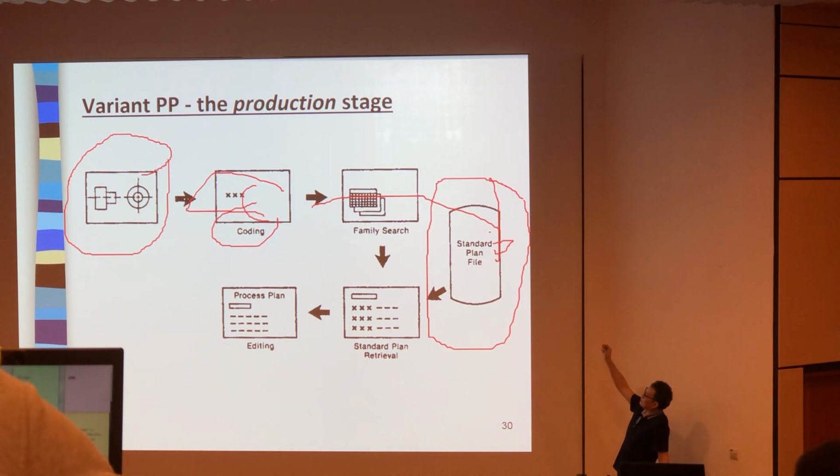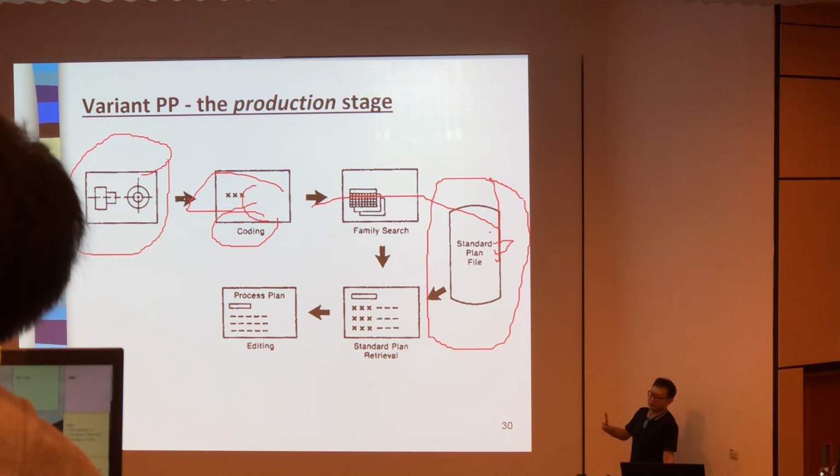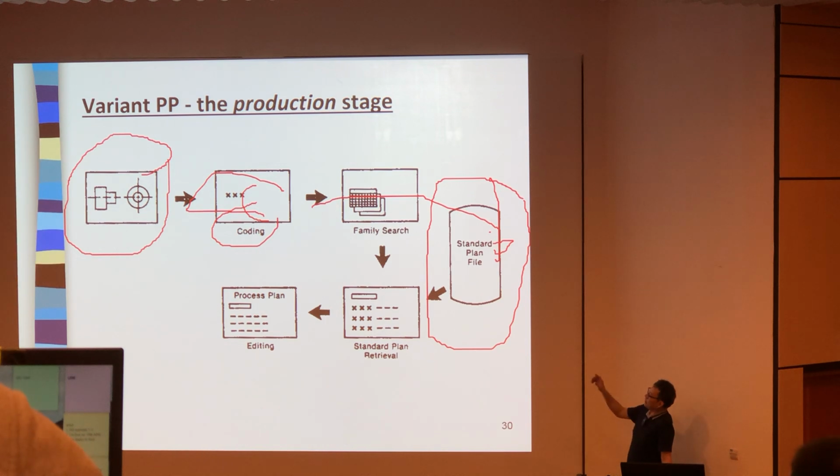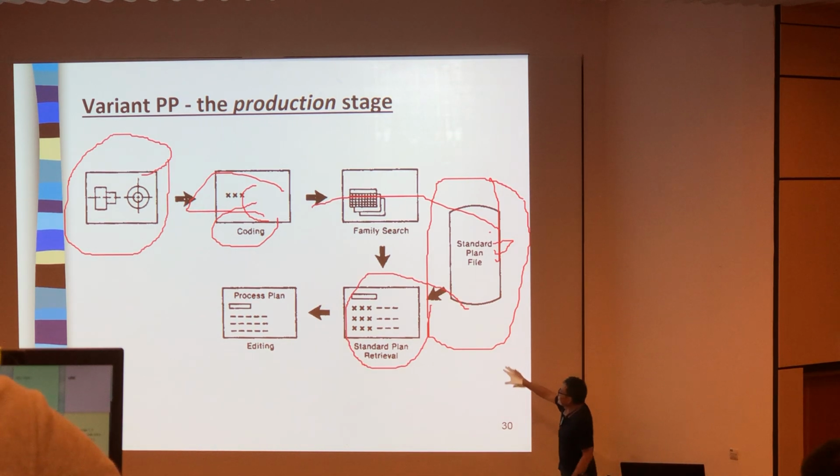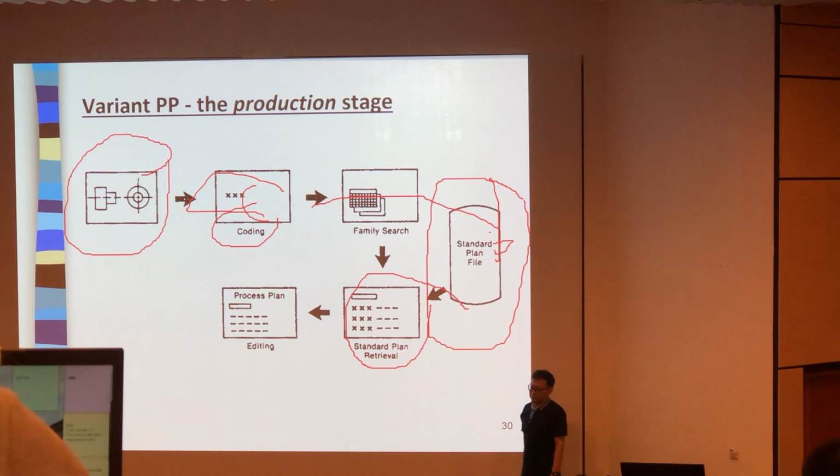So we will need to match the name to the code in that kind of form, conceptually. And the ideal situation is one family is identified, is matched. And then what we do is simply retrieve this standard plan from the corresponding part family in this form.